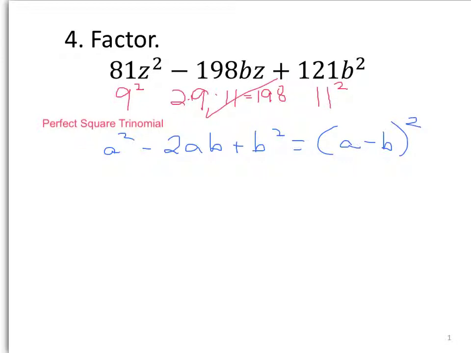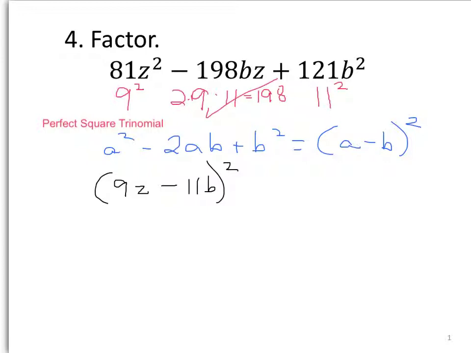So that would mean a would be 9 and b would be 11. So our answer is going to be 9z squared, 9z minus 11b, all of that squared.